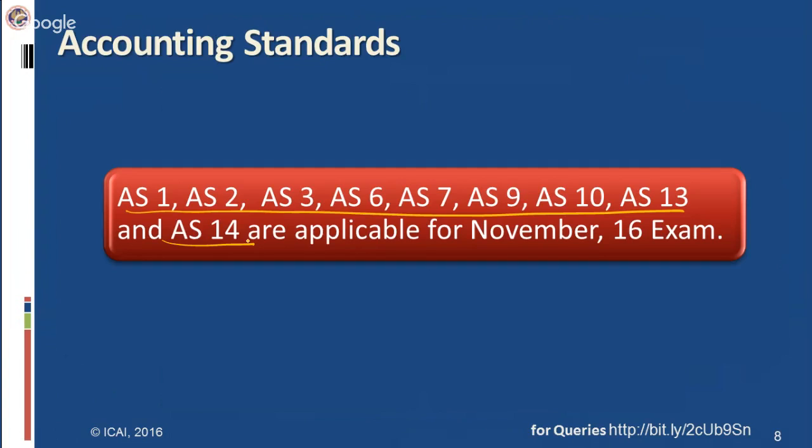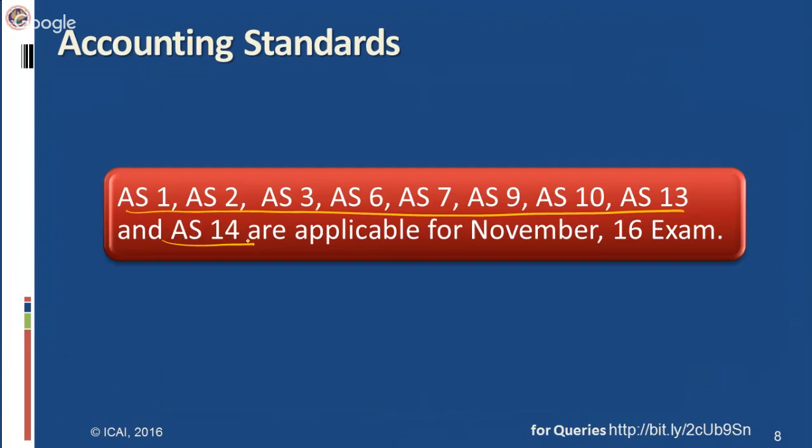You may note, if you have the July 15 edition of the study material, all these standards are given therein. Many students are confused, as there is a notification which came on April 1st where certain standards were amended. There were few standards wherein changes were made by the MCA, but you may note that the notification issued on 1st April 2016 by the MCA is not applicable for this particular examination, that is the November 16 examination, and if you have the July 15 edition, it's well and good.